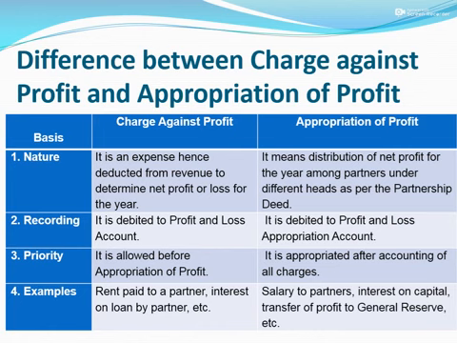Next, fourth is example. Rent paid to a partner and interest on loan to the partner are examples of charge against profit. Salary to a partner, commission to a partner, interest on capital, transfer to general reserve, and all these are examples of appropriation of profit.